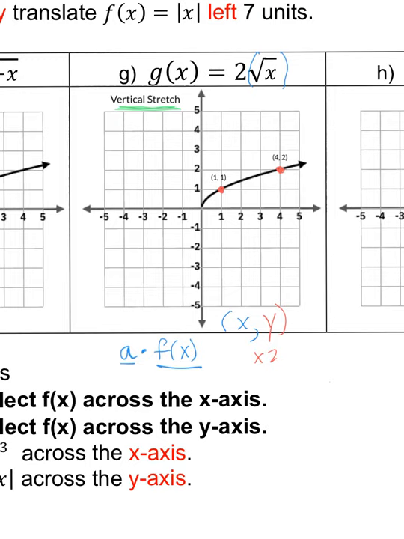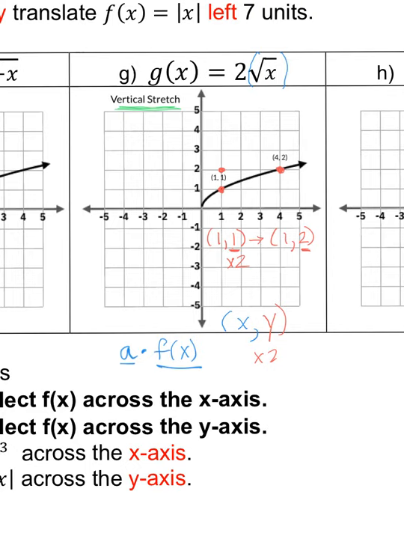So for each of our ordered pairs here, 1, 1 is going to be transformed to 1, 2. We have multiplied the y variable here by 2, times 2 to get 2 over here. So that point now gets stretched up vertically, and that point moves up.